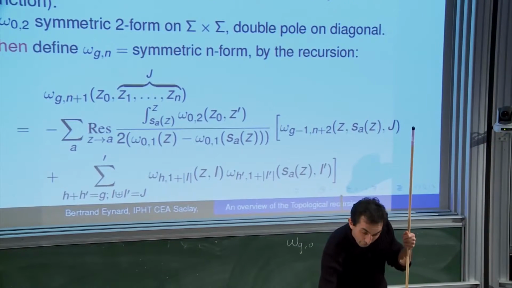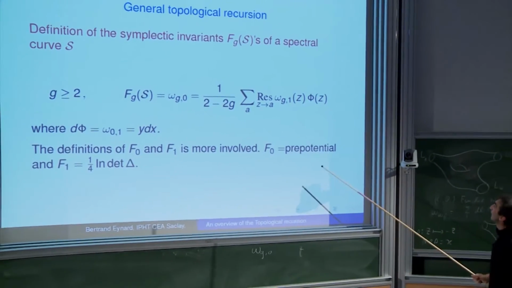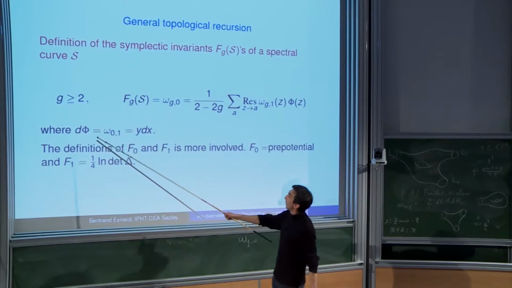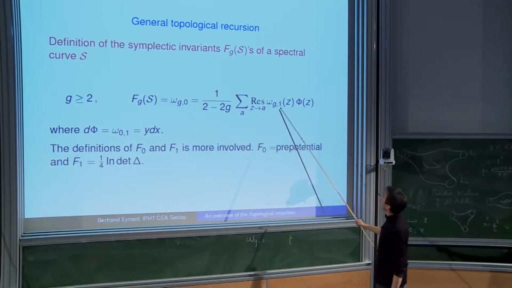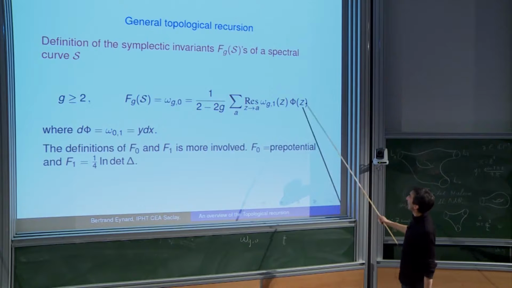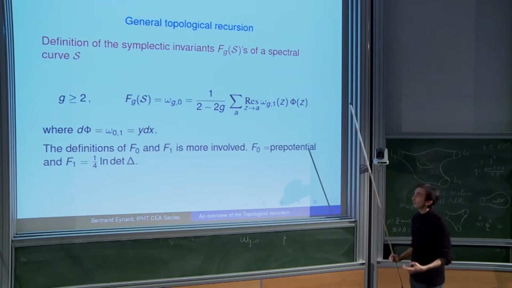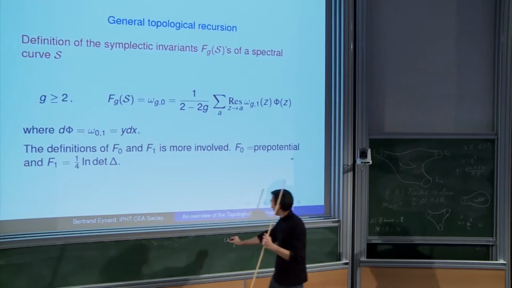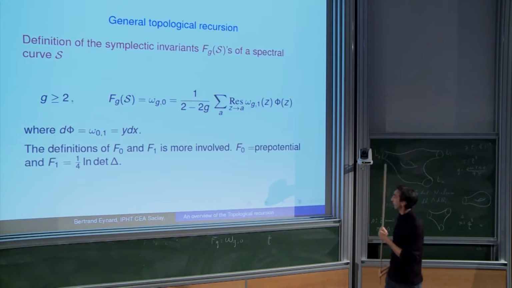To define it, I will use exactly what was written this morning. I take phi such that d phi is omega 0,1. I multiply by omega g,1, which was computed by the recursion, take residues, divide by 2 minus 2g, and say this is the definition of F g, which is also the same as omega g,0. It's just another name.